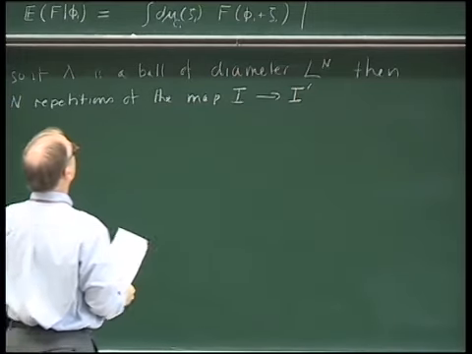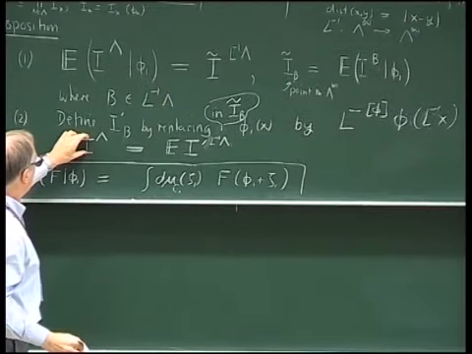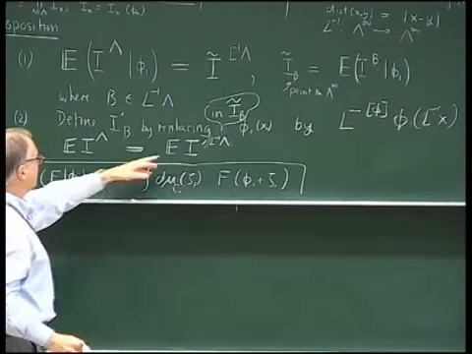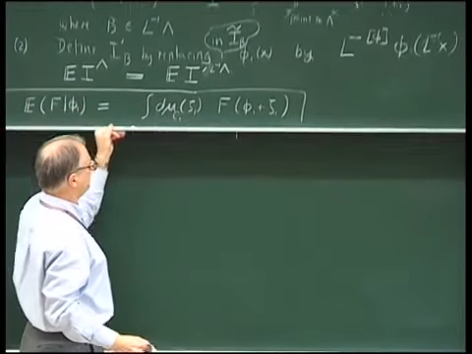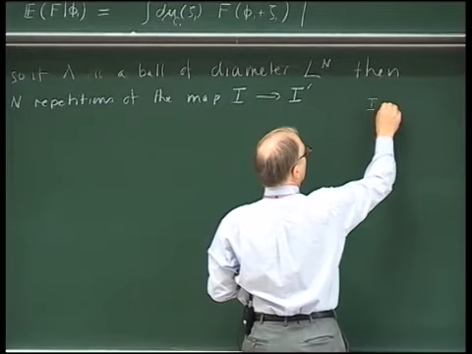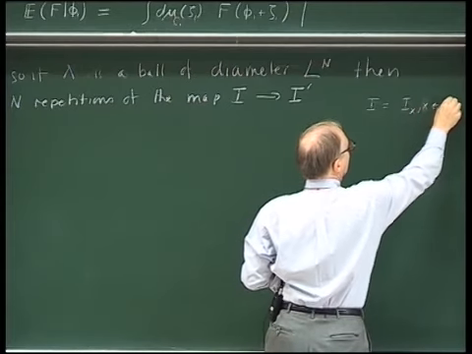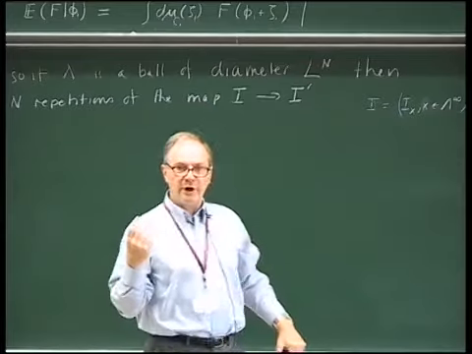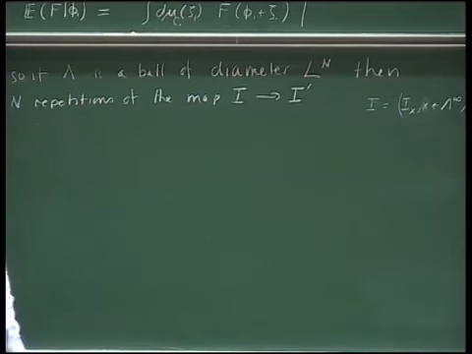Notice what is happening here: I just need to know the I at a single point, and this operation, together with the rescaling, brings me back to another I, also defined at a point. In this notation, really I is a collection of I sub x's, where x is in the infinite lattice. But they're all the same at every point x, and so I only have to tell you what one of them is. And you know what all of them are.